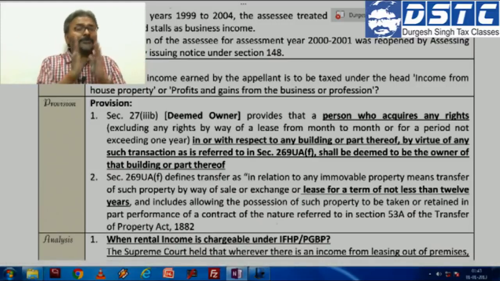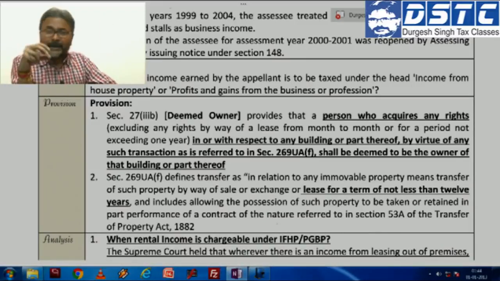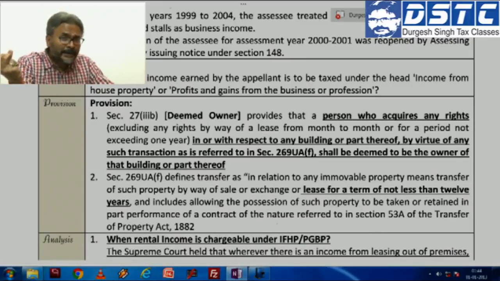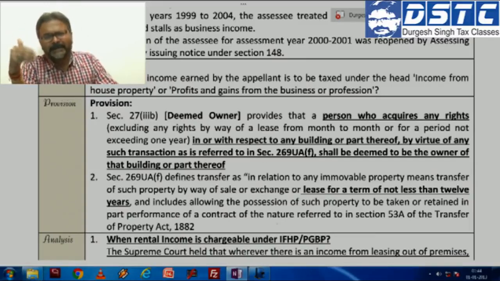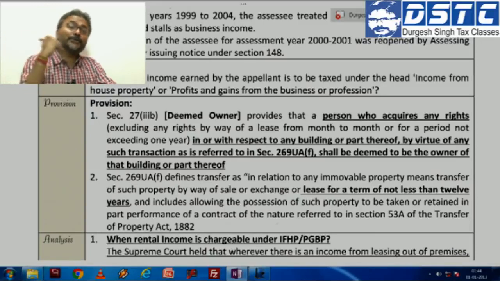So if it forms a substantial portion of your total income, then it could be safely concluded that the main activity of the partnership firm is to let out the house property.